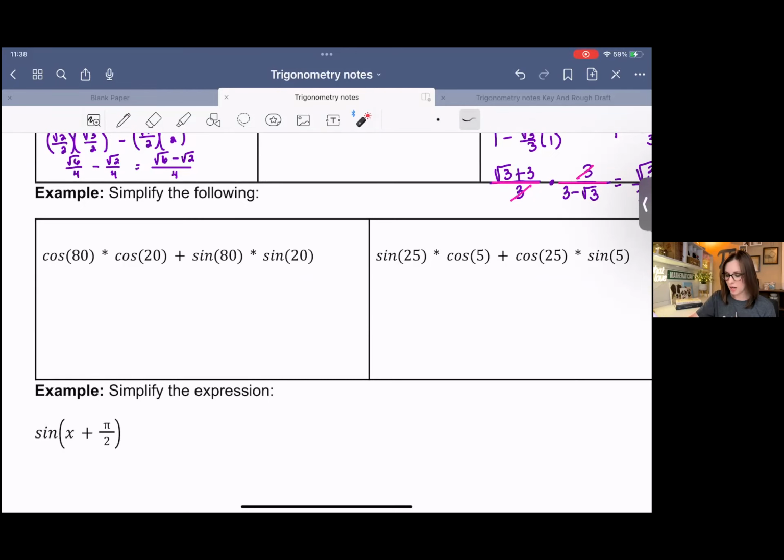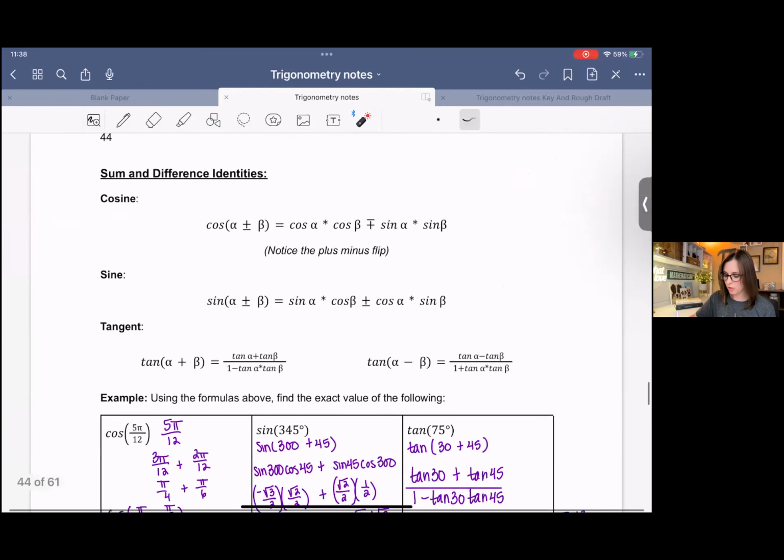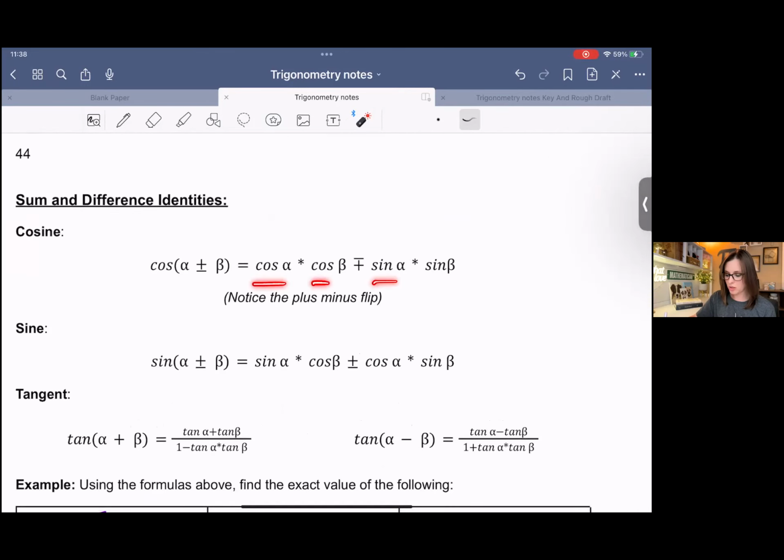This is a plus sign. And also, it's going to match up with, since I have 2 cosines, 2 sines, then that means that my original was a subtraction, a difference identity.